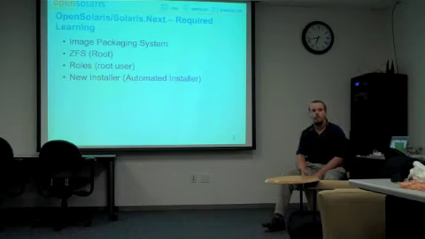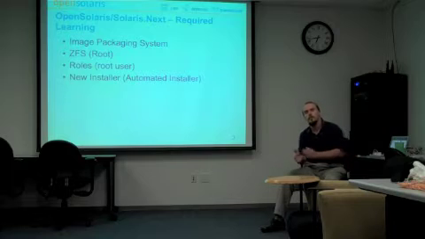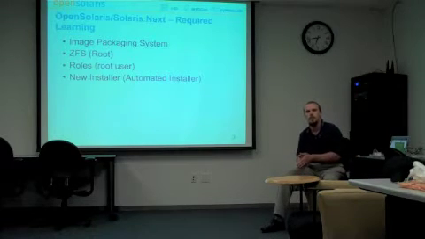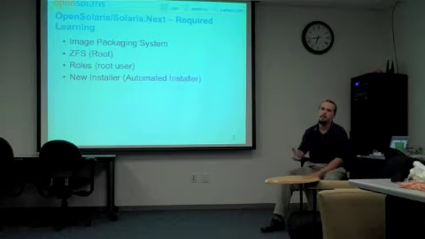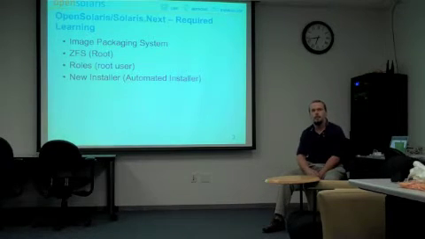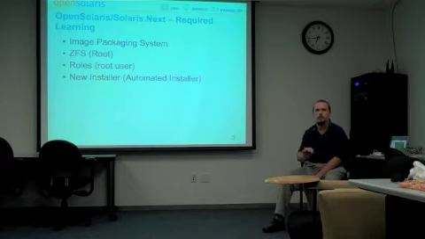ZFS root will be required, so anybody who didn't do much with ZFS before is going to have to, because ZFS root will be the norm. Then roles. In Opensolaris today, most of us know that the root user doesn't really exist. It only exists as a role. You have to manually configure it to be a real user again.